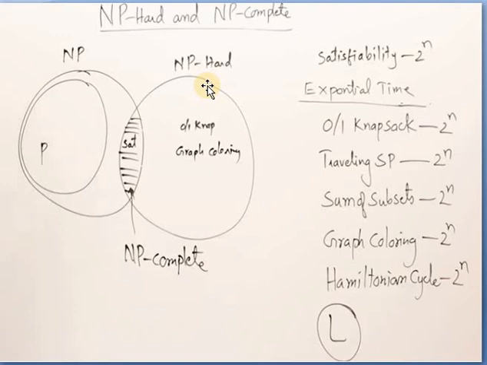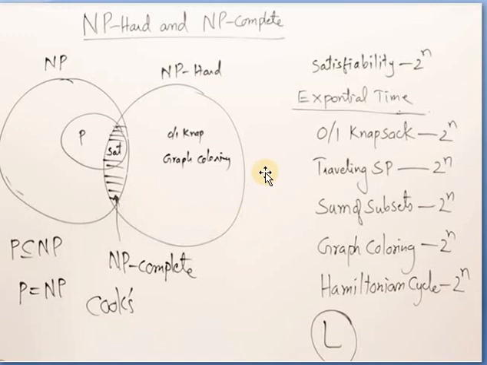What I am saying, once again I repeat this statement: if any problem which is NP hard has a non-deterministic polynomial time algorithm, then that problem becomes NP complete. Satisfiability is an NP complete problem. So I have shown over here the relationship between NP hard, NP complete, NP and P problems. These are the non-deterministic polynomial time algorithms, and these are the deterministic polynomial time algorithms. Now let's have more discussion on it.